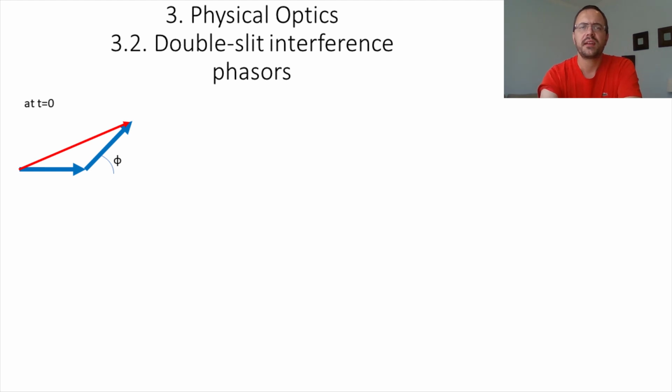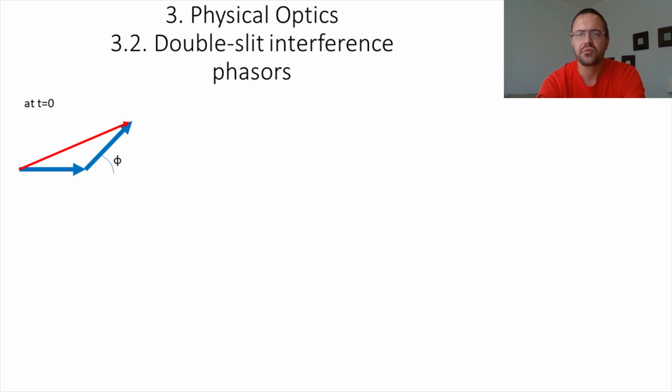For those of you who like graphical representations, there is a nice trick to deal with the addition of cosine functions, right? This technique uses an arrow called the phasor to represent the phase in the cosine function, right? So in the cosine function, you have omega t plus delta phi and so on. So we represent this as an angle.